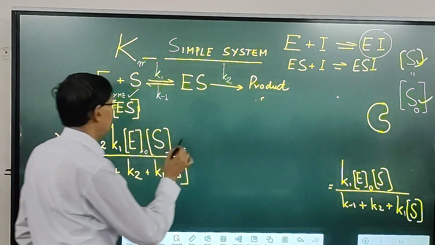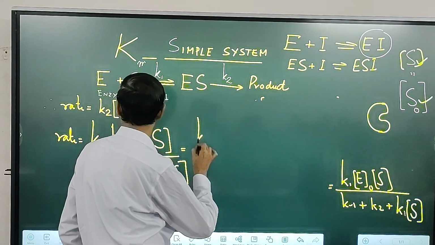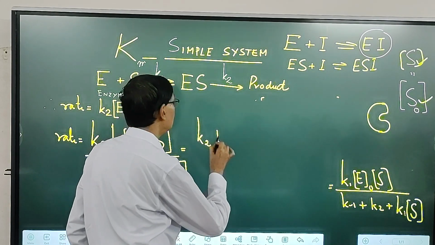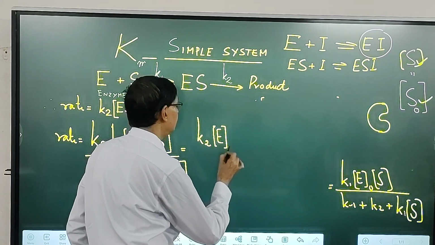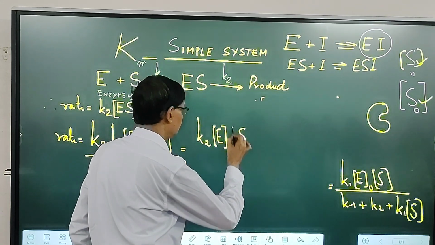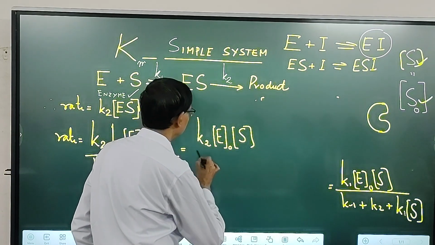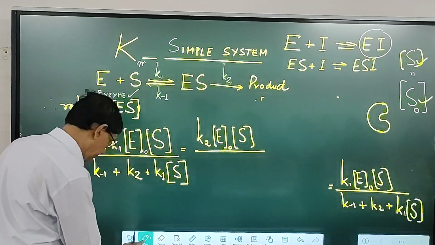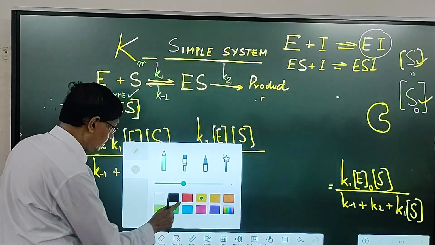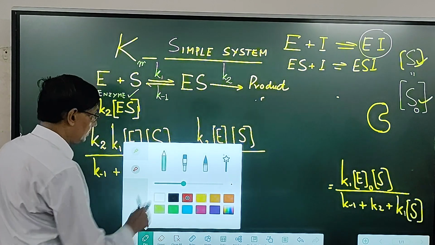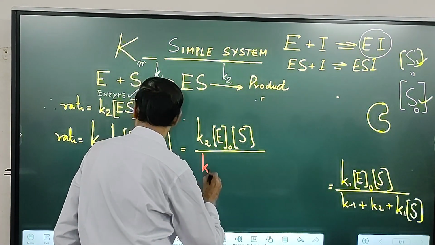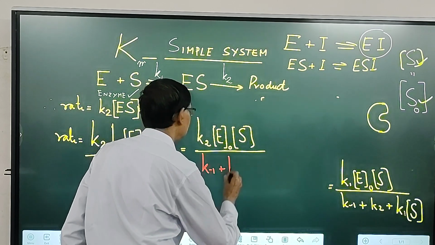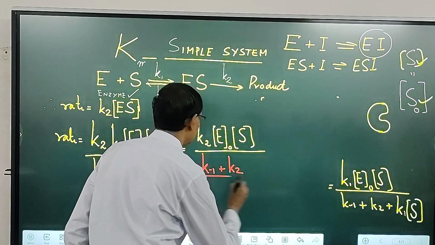Change the color: K2 E0, again you can write here also or outside, S, K1 plus K2. Deliberately I am writing in the red color.